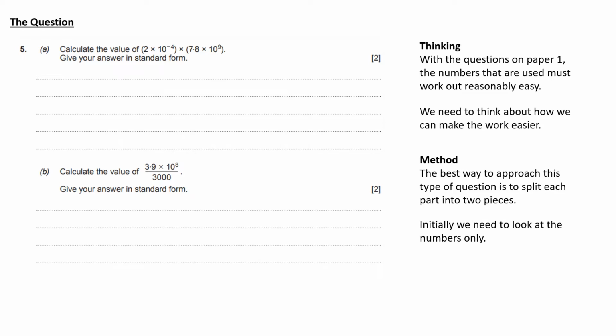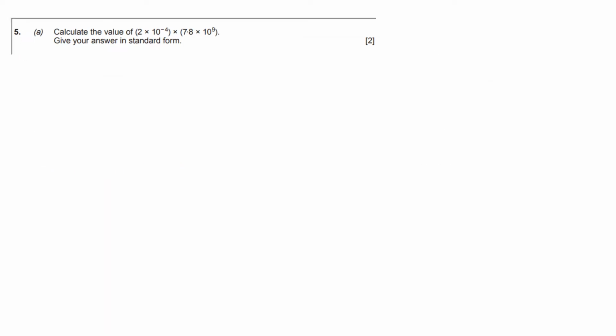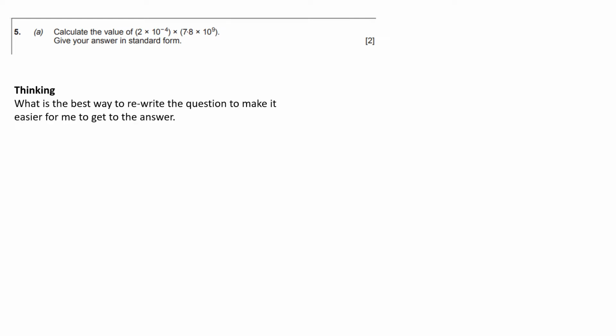If we look at the numbers initially, and then we can deal with the 10 to the power, we're only doing one small part at a time. So with this question, what we need to do is to think about how I can rewrite the information that we are provided with.